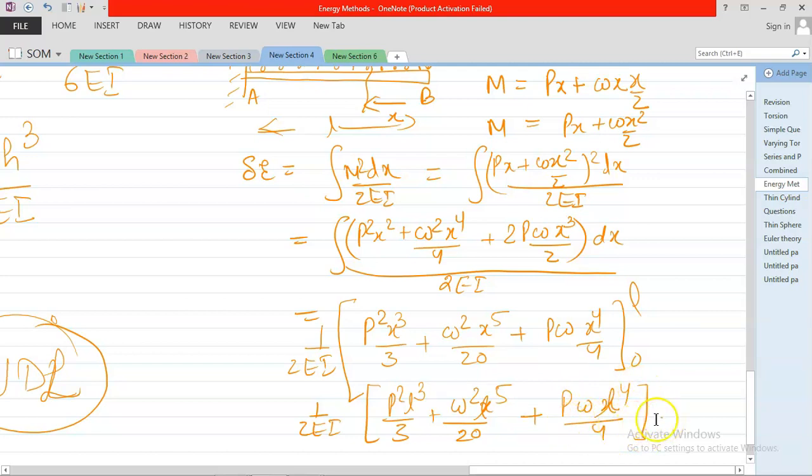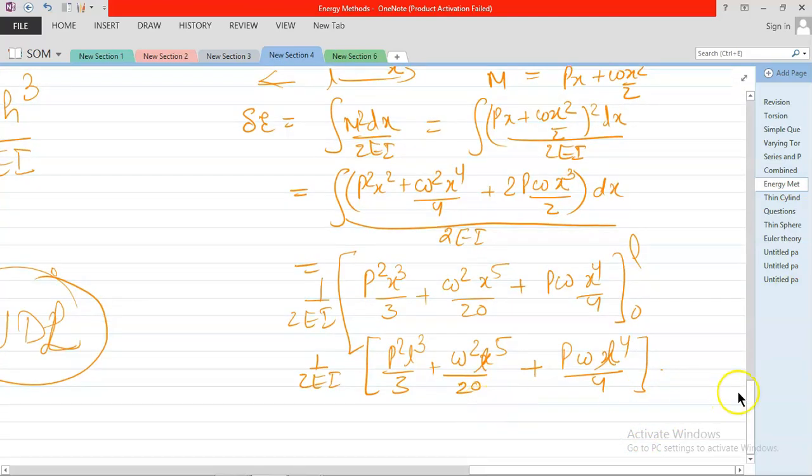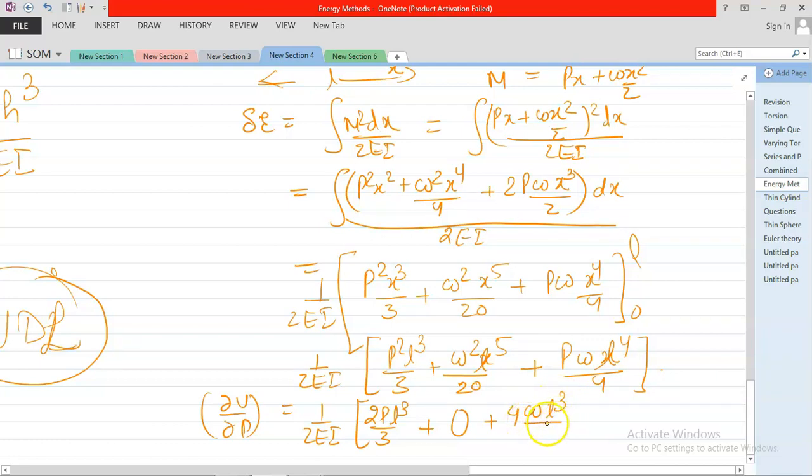So now what I am going to do is differentiate it with respect to P, because we applied the load P. That would be 1 upon 2EI times, if I differentiate this, 2P L cube upon 3 plus this would be 0, and this would be W L to the power 4 by 4.